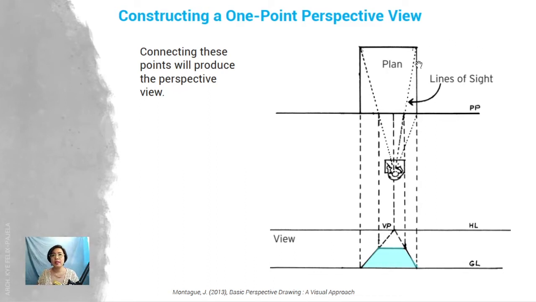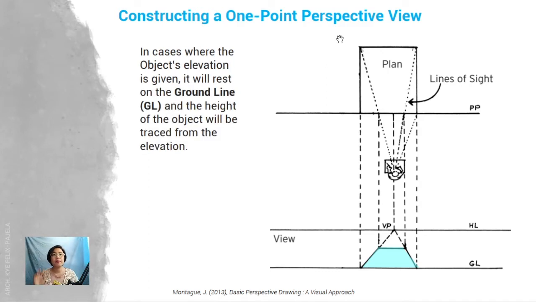So, plan, nakikita natin siya objectively. Pagdating niya sa perspective view, we are seeing it subjectively according to what our vision would tell us. Okay. Ngayon, in cases where the object's elevation is given, it will rest on the ground line. Considering na itong object na ito ay nakapatong mismo sa ground.